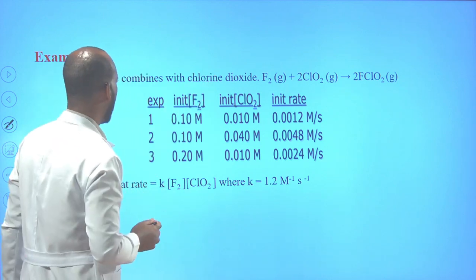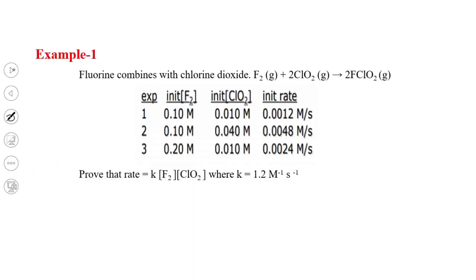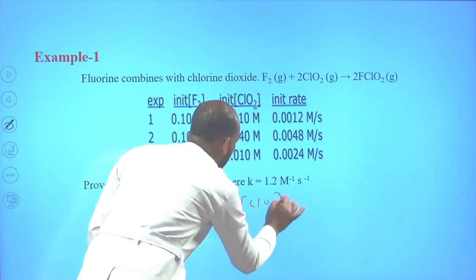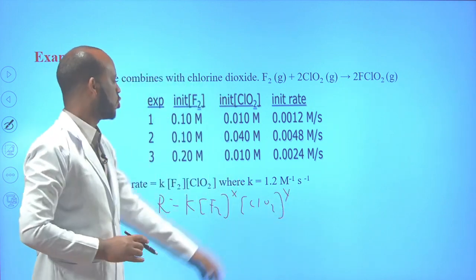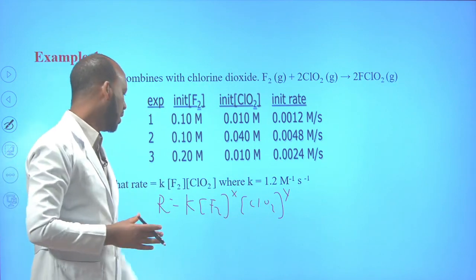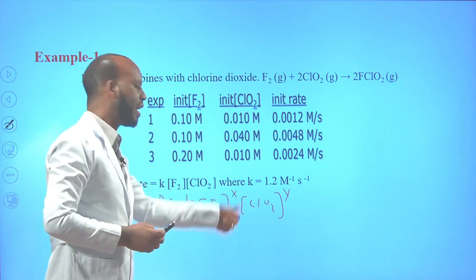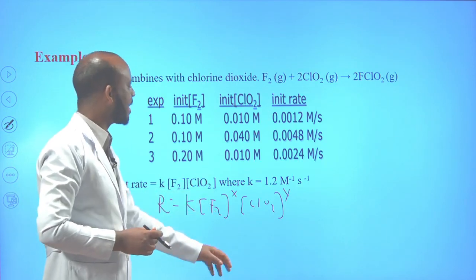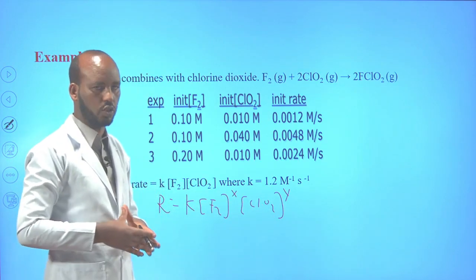The rate for this reaction equals K times the concentration of F2 to the power X times the concentration of ClO2 to the power Y. X and Y are determined experimentally. To get the value of X, vary the concentration of F2 while keeping the concentration of ClO2 constant.